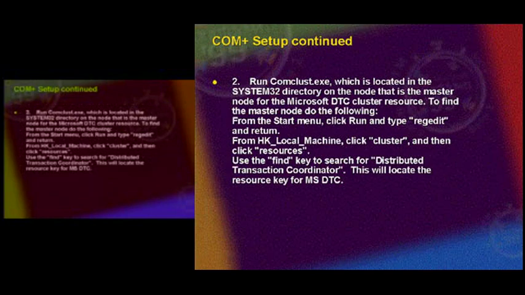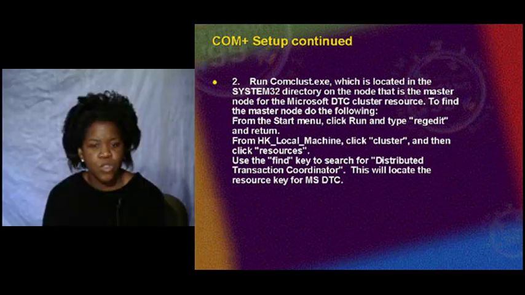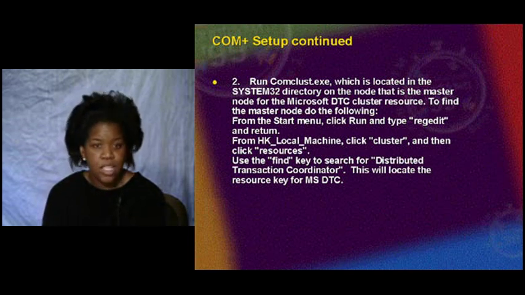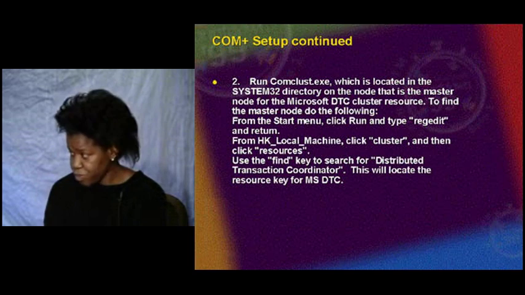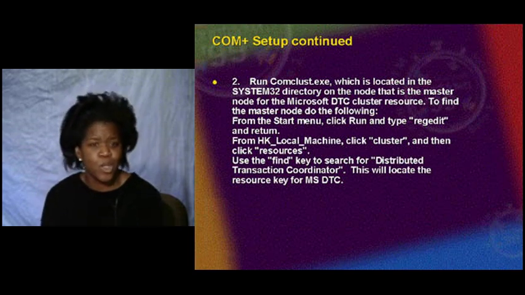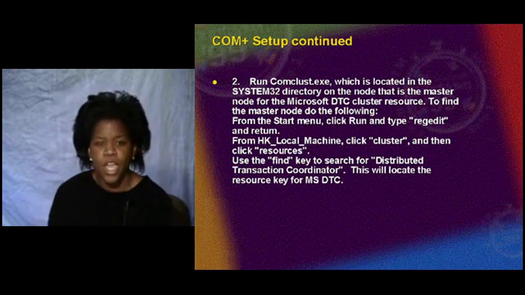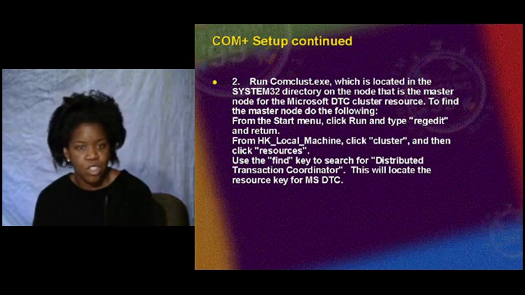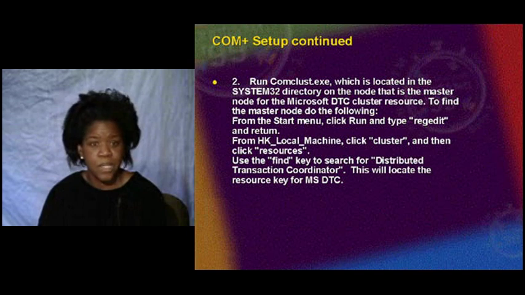And one of the key things that you will need to do in this release, especially if you're coming from MTS 2.0, is that you will have to open up the registry, and we will address this later, and look at what is called the master node for DTC. Basically, the master node points to where the actual TM is installed, which node the TM is installed on.